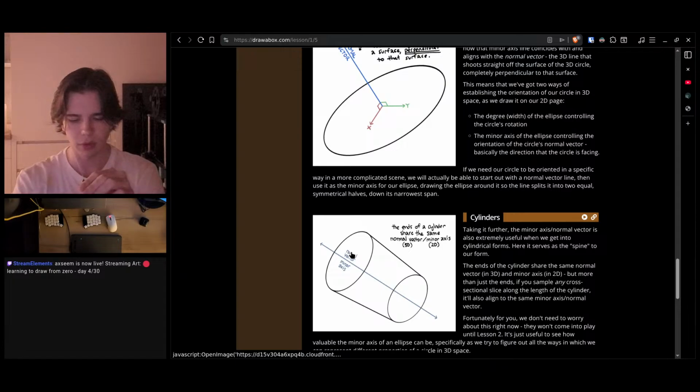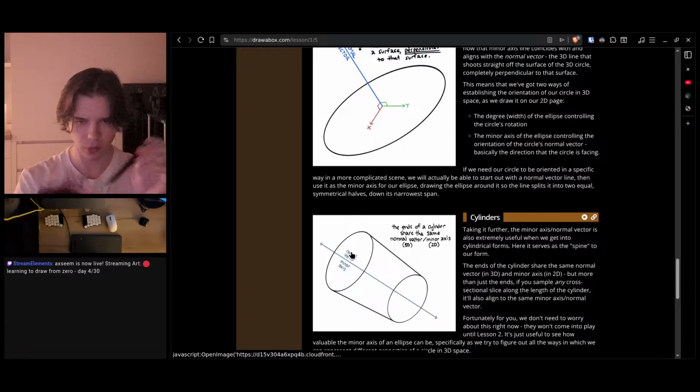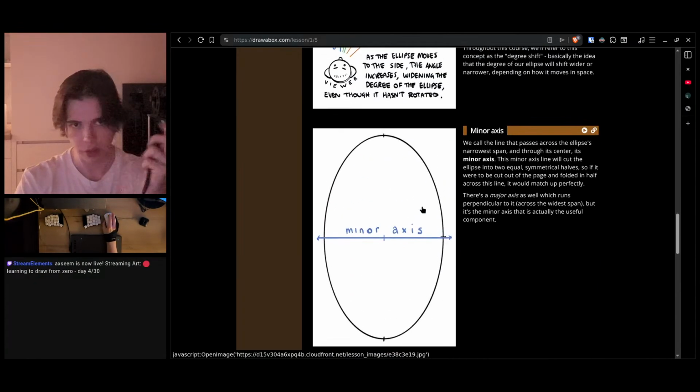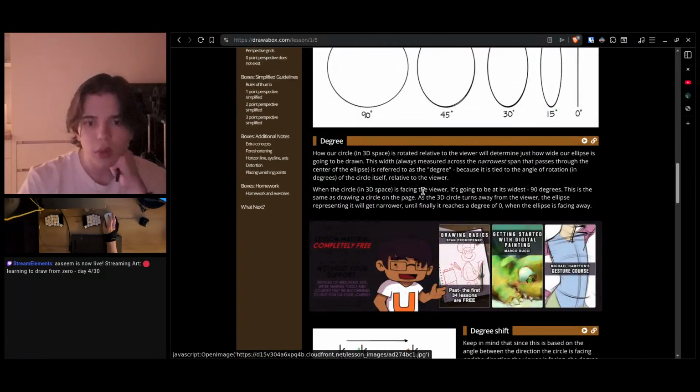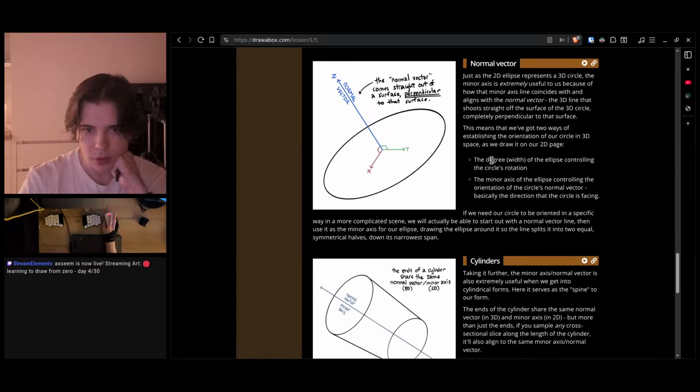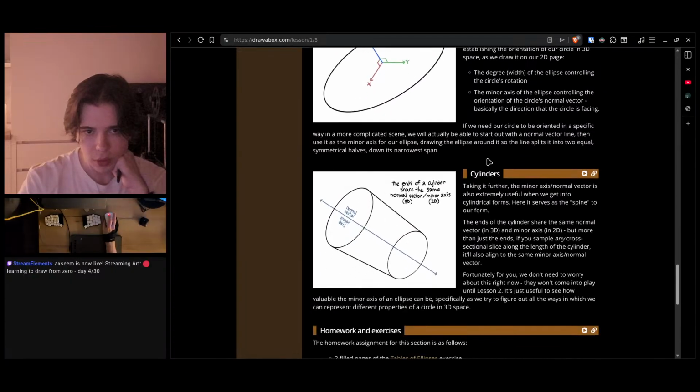Right, because it always points toward me if I look right at the circle. When I start to rotate it, it shifts. It starts overlapping the shortest distance, right? The shortest diameter. How can I call it in ellipse? Okay, degree shift, minor axis, normal vector, cylinders.